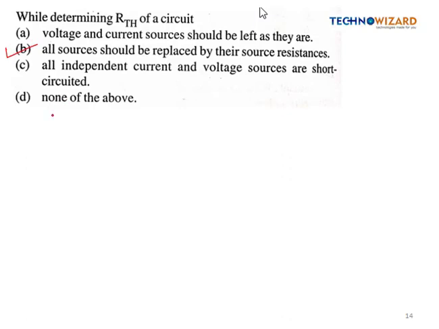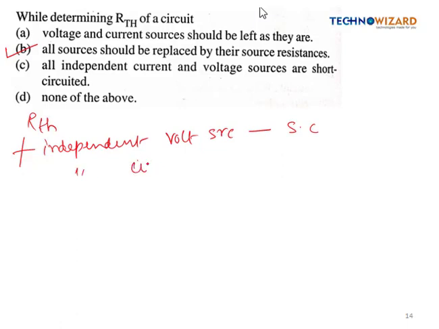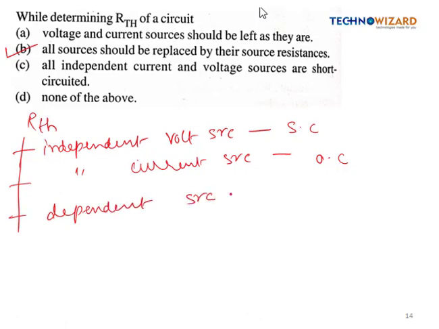So when we have to calculate RTH, the independent voltage source is replaced by short circuit, independent current source is replaced by open circuit, and dependent sources remain as they are. We don't remove dependent sources, so they remain as they are, right? So for this question option B is correct.